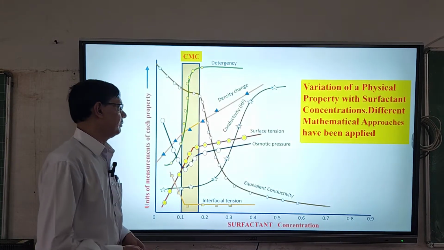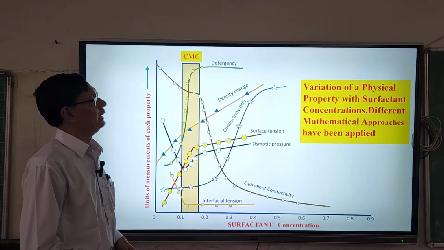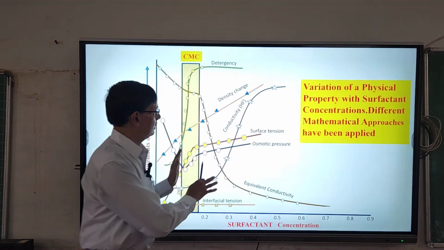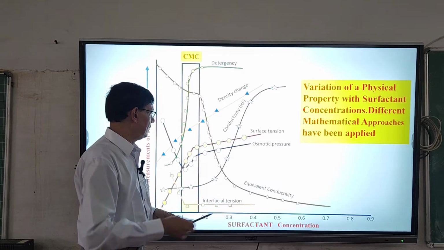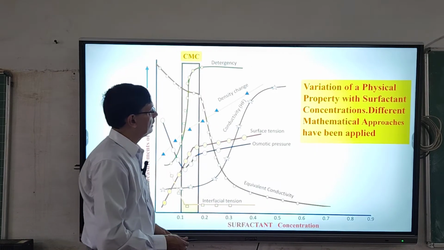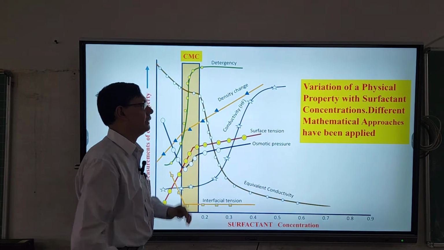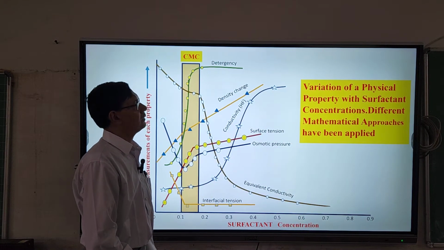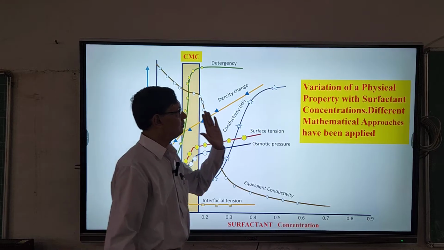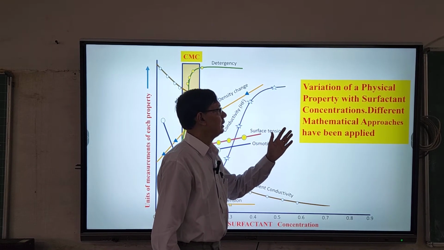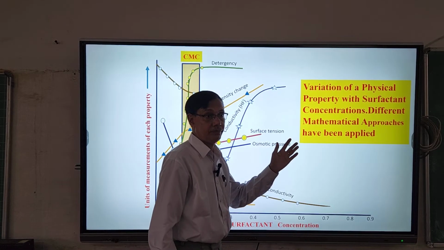Now this is a very common diagram, as I told you. I have taken it from the literature, and my student has prepared it. It is a very popular diagram, because it shows the variation of physical properties with surfactant concentration.